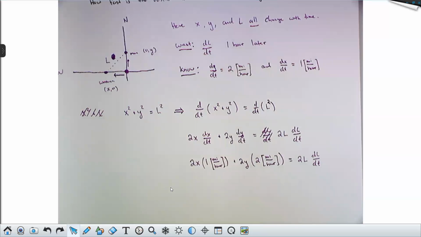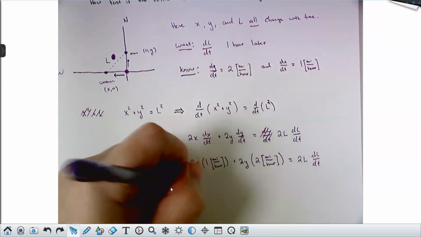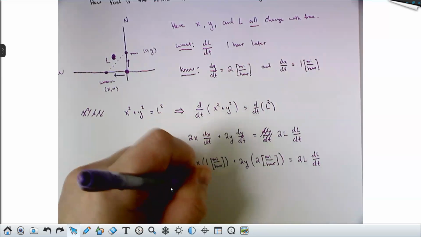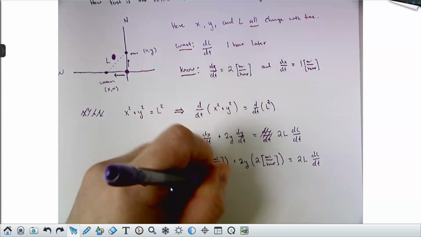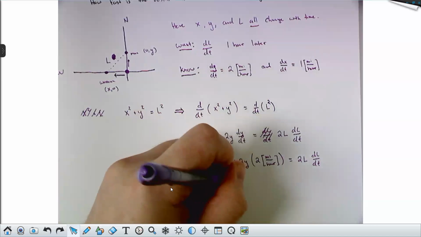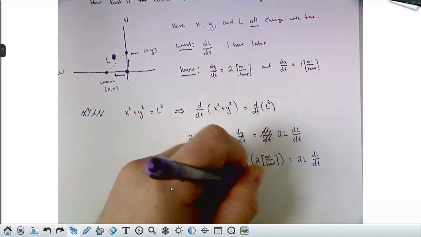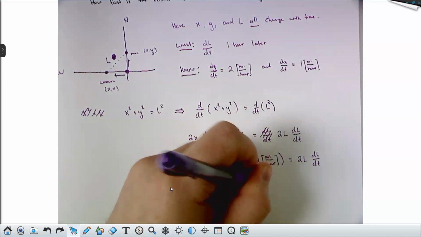If it's okay with you, in the next step, I'm not going to write the units. So what we have here is 2x plus 4y equals 2L dL/dt.